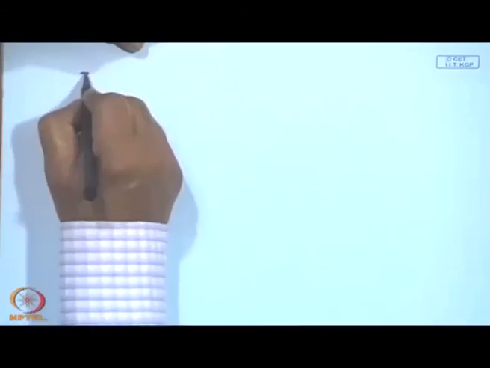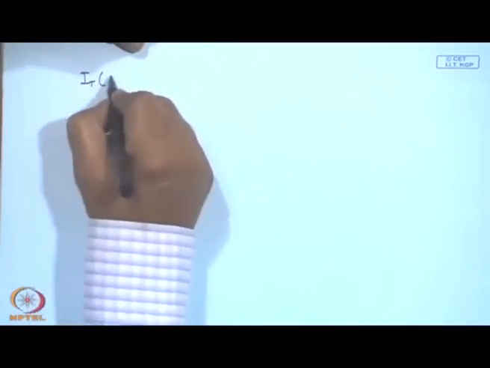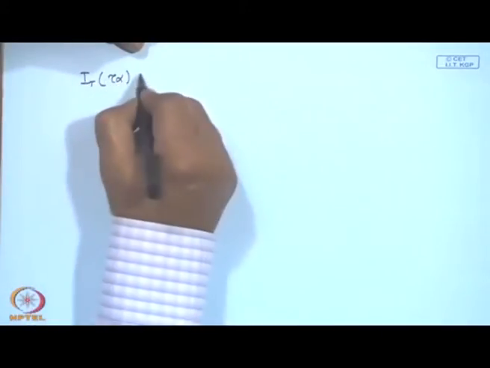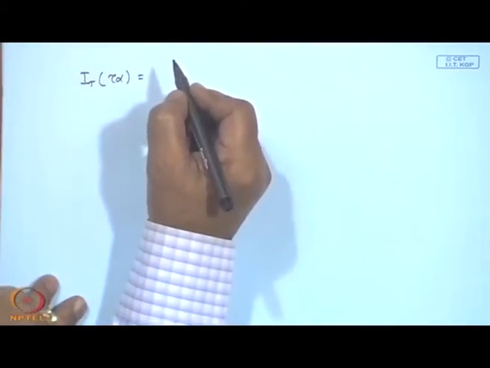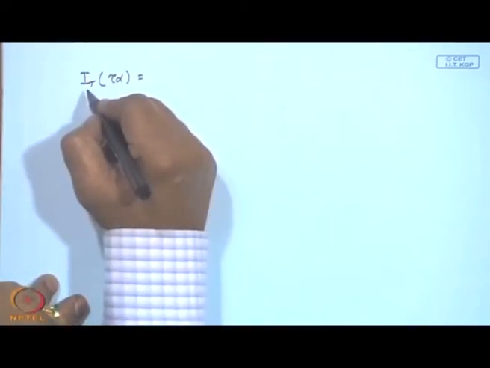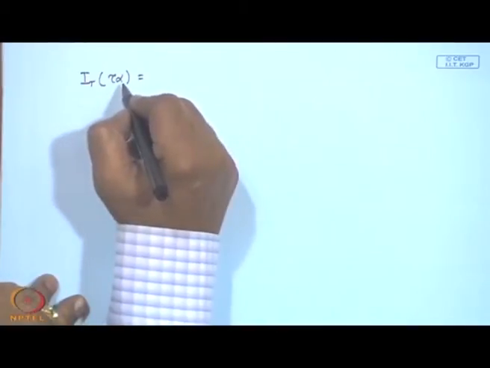Before that, how do we define it? We know that the radiation incoming is I_T total multiplied by tau alpha, which is the absorbed solar radiation.